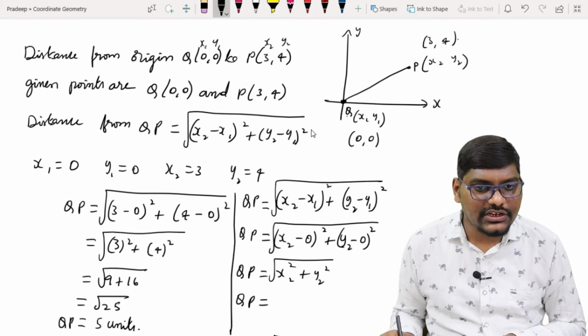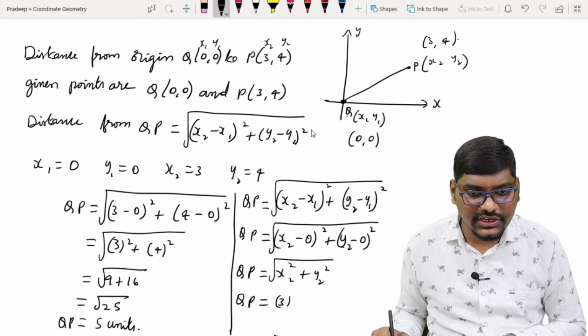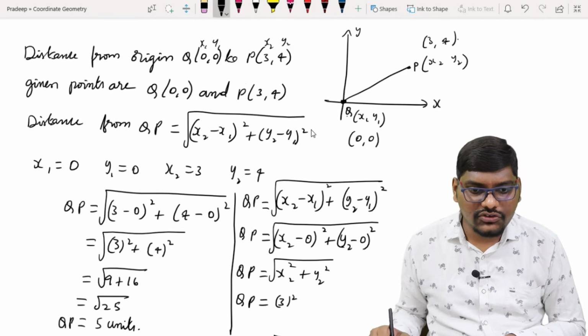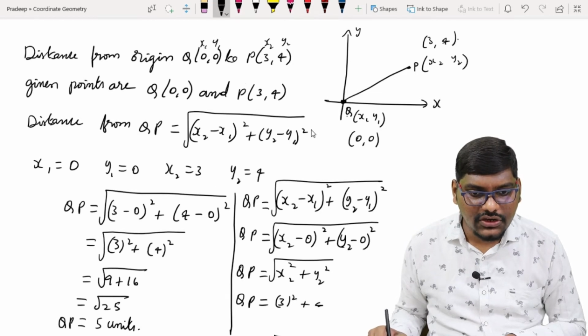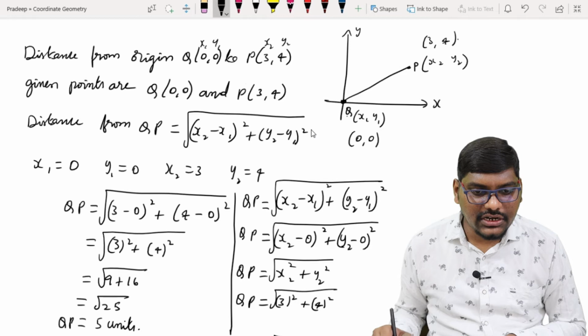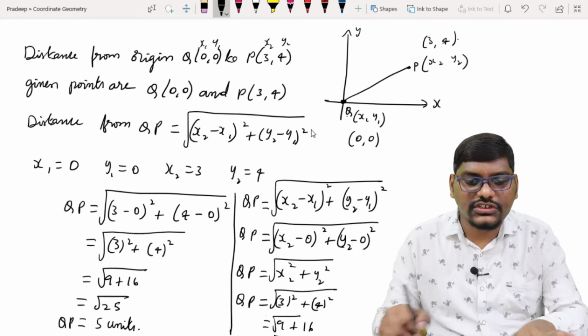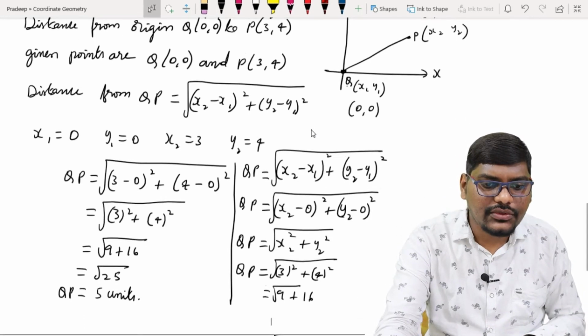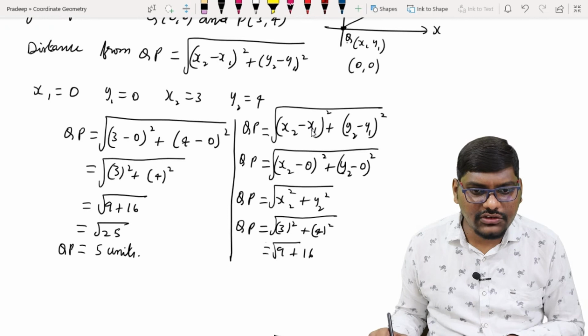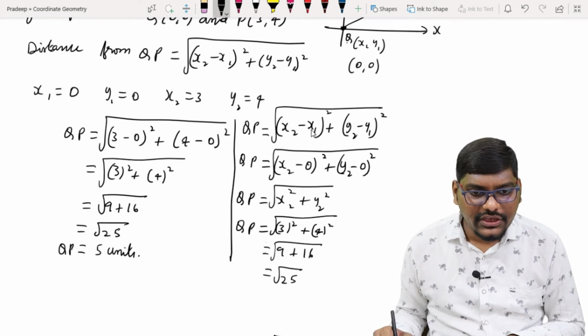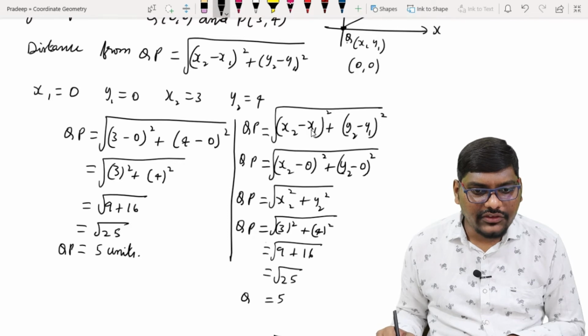So x2, that is nothing but 3, so I can substitute 3 square. y2 was 4, so I'll substitute that also. So that is nothing but 3 square, which is 9, and 4 square, which is 16, that is root of 9 plus 16. So that is root 25, and we are getting 5 as the value.